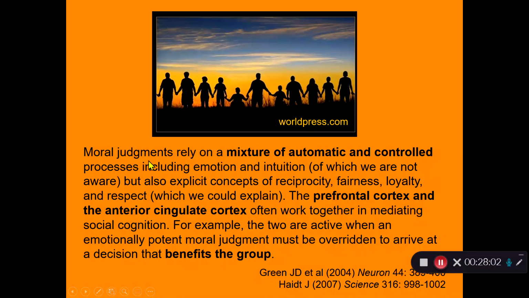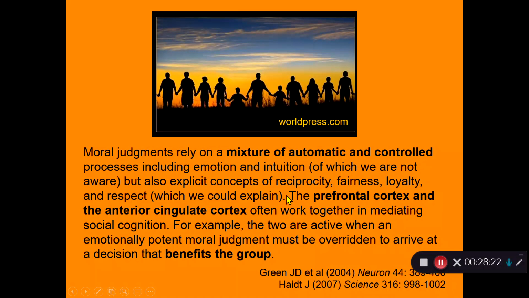Okay? So, emotion and intuition, automatic processes, they happen fast, we're not aware of them, but also explicit concepts, which involve reason, such as reciprocity, egalitarianism, fairness, loyalty. We can explain these, they're declarative, we can declare them. They involve declarative reasoning, they involve logic.